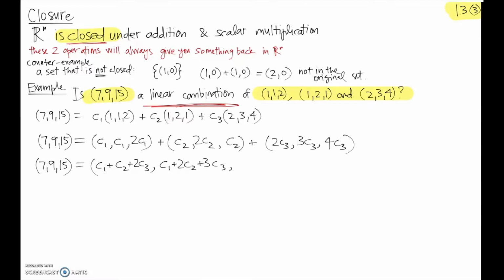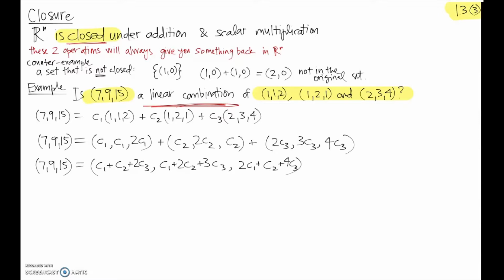I'm just adding the corresponding middle elements from each of these vectors. And then the last part will be 2C1 plus C2 plus 4C3. Okay, so that looks pretty good.